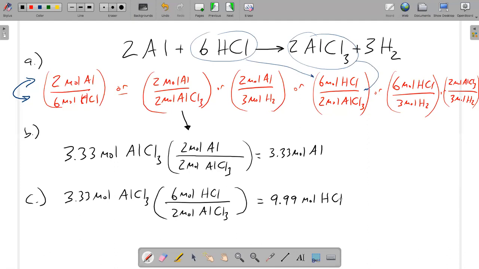So if my goal is to make 3.33 moles of aluminum chloride, I must have 3.33 moles of aluminum and 9.99 moles of HCl. Here you can see the ratio is 1 to 3, 3 times more HCl than aluminum. And in the balanced equation, it looks like I need a ratio of 2 to 6, which is the same as 1 to 3. I need 3 times more HCl than I need aluminum.